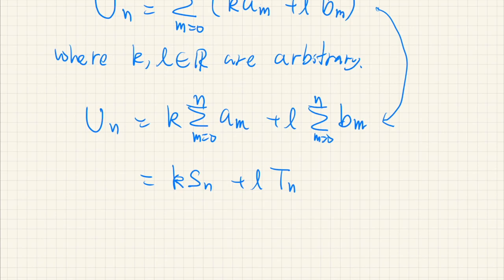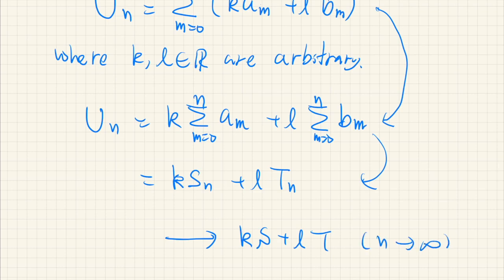But anyway, this is okay, and we know that the limiting operation is a linear operation. So this converges to k times S plus l times T as n goes to infinity, and we are done.